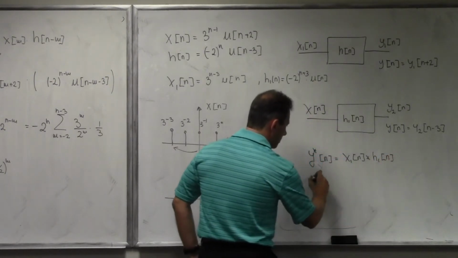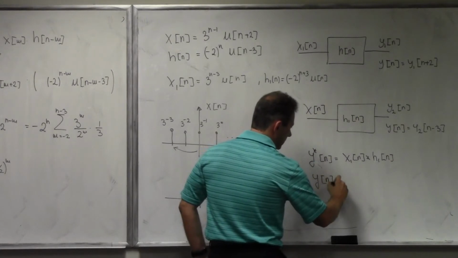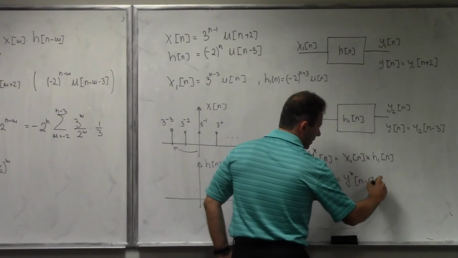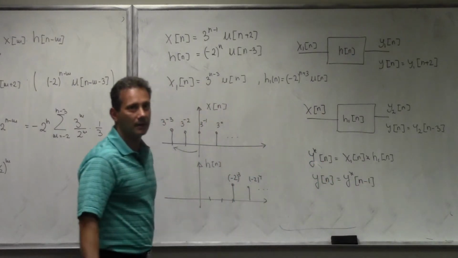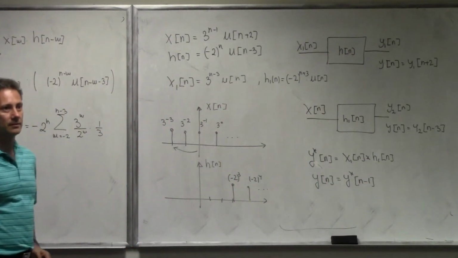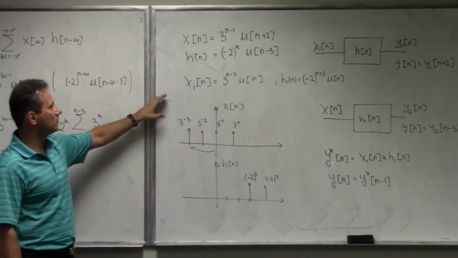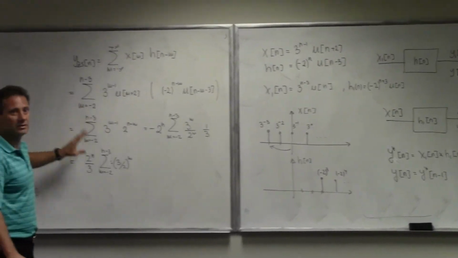And then I'm going to get proper y of n by taking whatever is y star of n and then delaying it by 1. Okay? Did you follow the whole process? And that's the way to do it, because otherwise it can get crazy with these things.